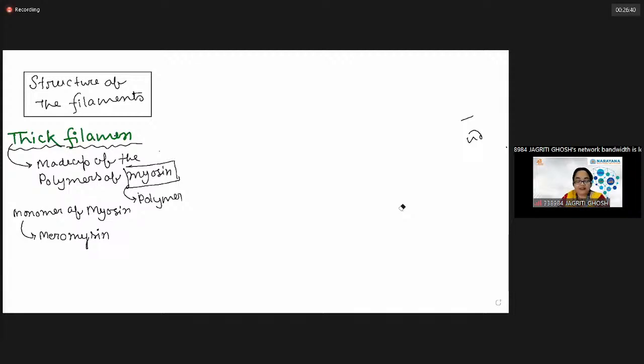Okay. So let us see the structure of our meromyosin. First, I will be using two colors here. First I'll be using a blue color and then I'll be using a red color. First, it has a snake-like appearance.